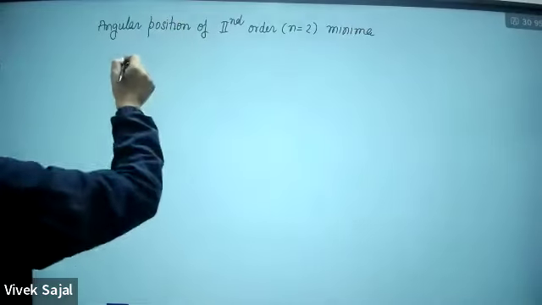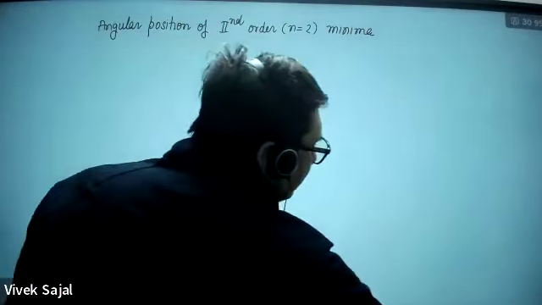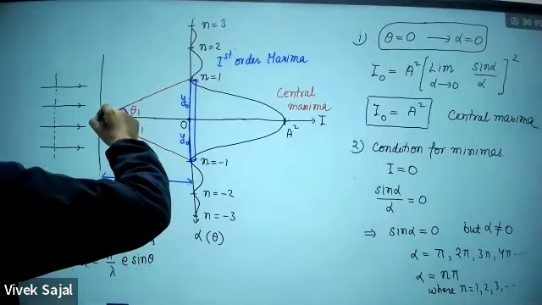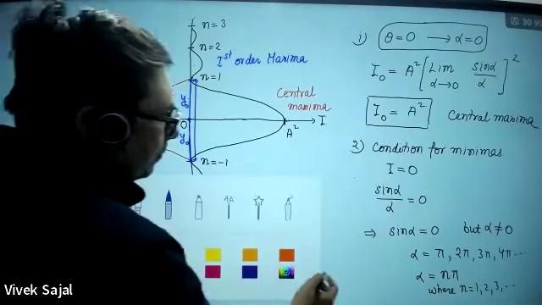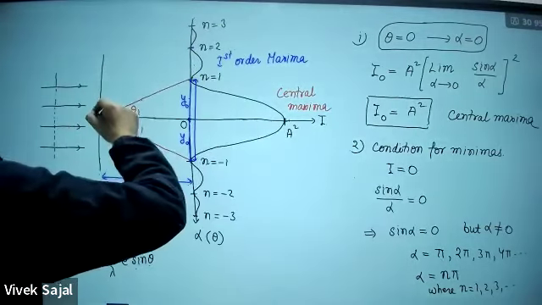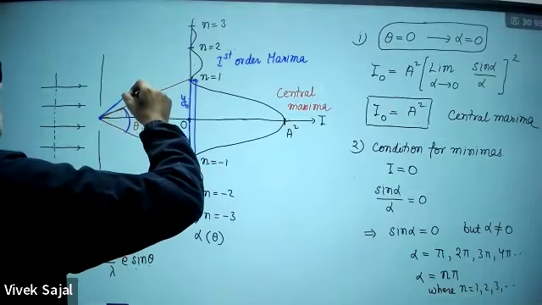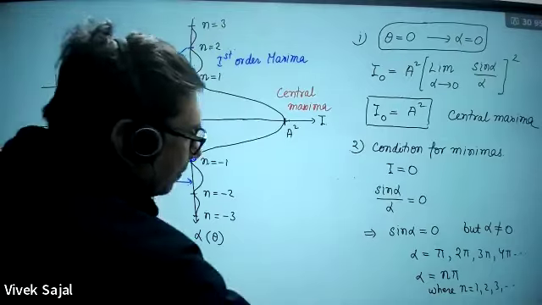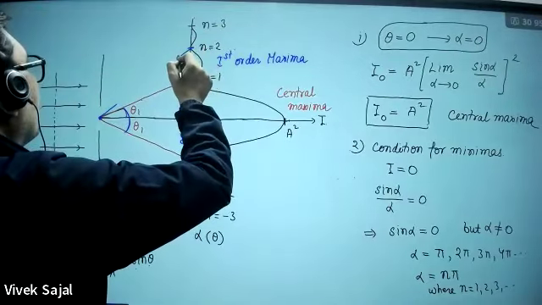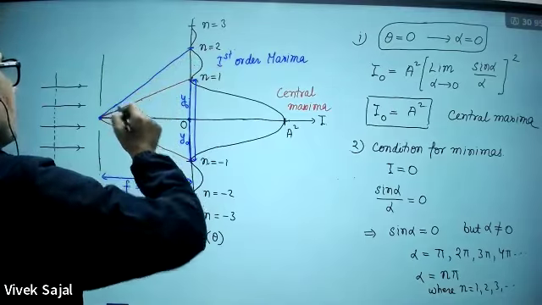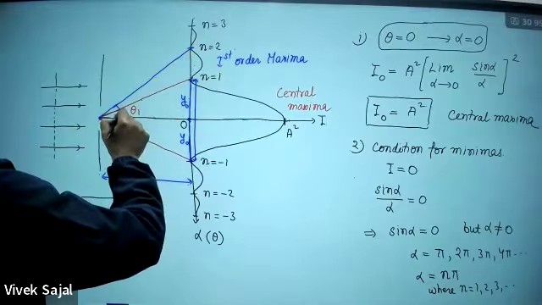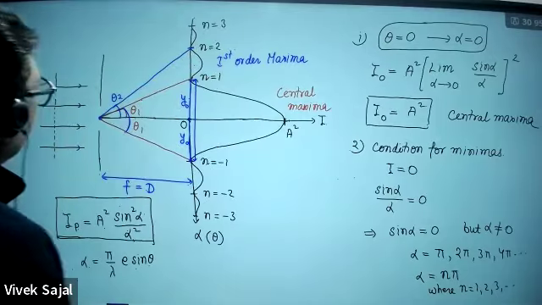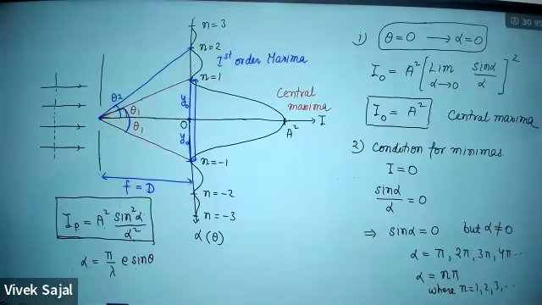This is simple to find out. Okay, this is second order minima. So here I will draw this line. So this is going to be theta 2. Okay? This will be theta 2. So theta 2 you want to find out.